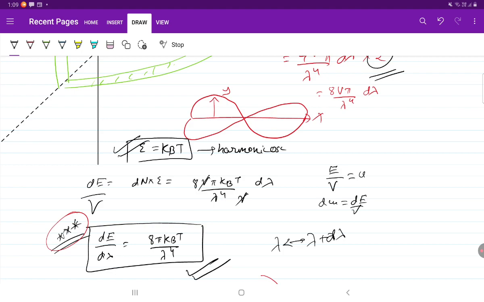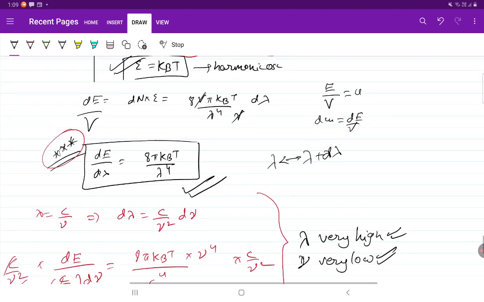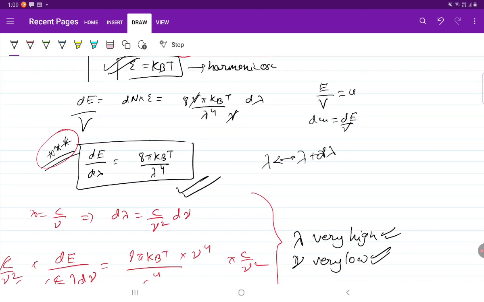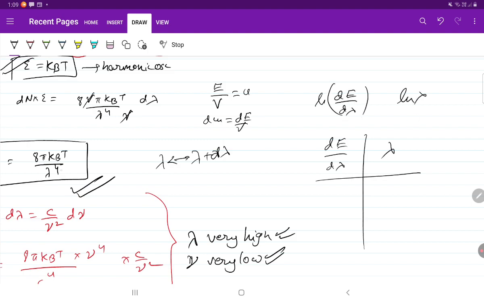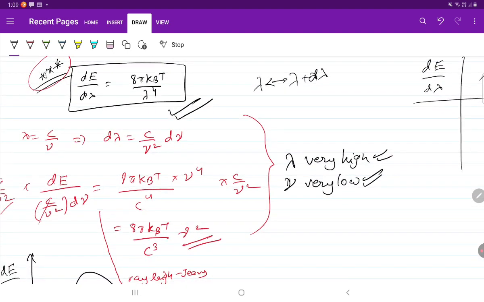They may also give you some data like dE by d lambda and the relation between dE by d lambda and lambda, and ask you to plot a graph between ln dE by d lambda and ln lambda, and you have to find the power 4 using this. Possibly they will give you various values, and you have to pick those values where lambda is very high in this case.